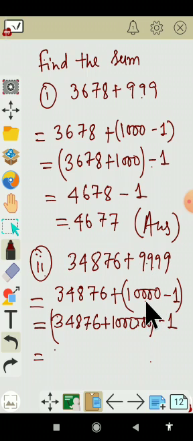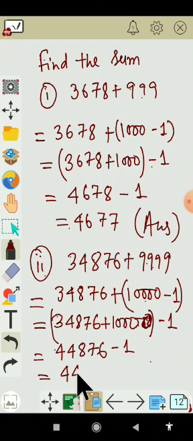If you add 10,000, it will be 44,876 minus 1, which gives you 44,875. So this is the required answer.